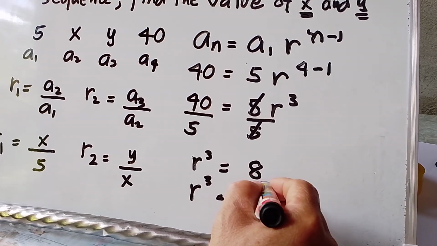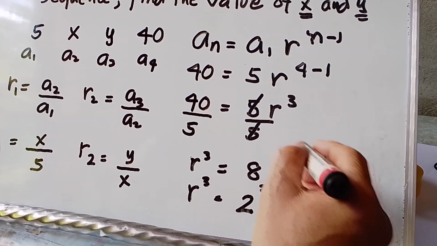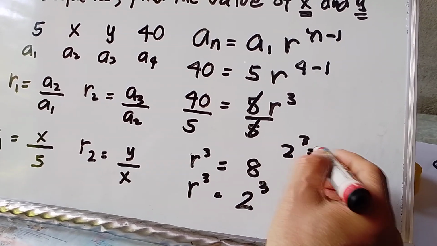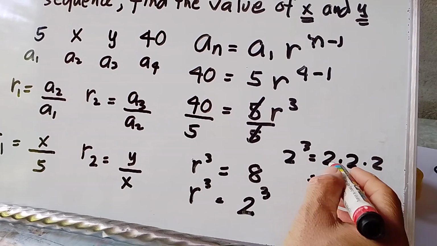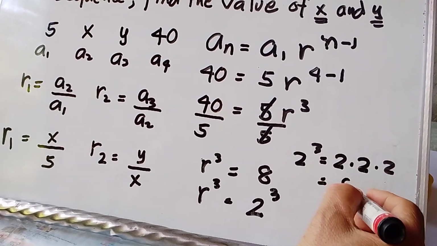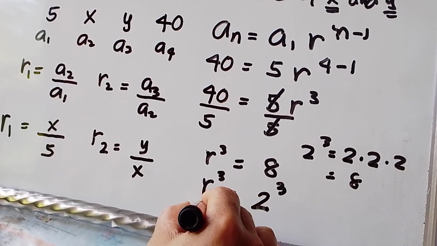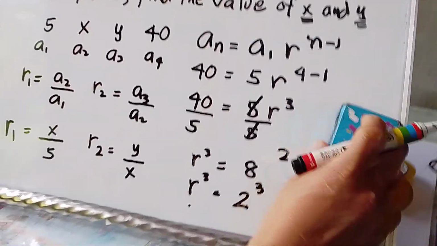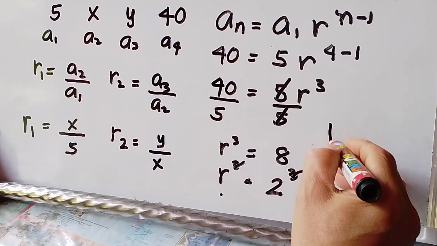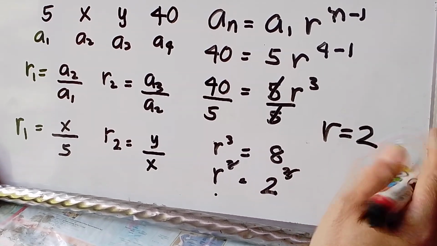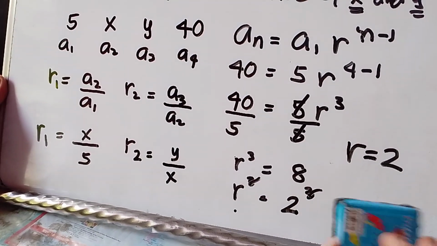So this will be 2 raised to the power of 3, because 2 times 2 times 2 is 4, times 2 is 8. So cross out 3, and I have r equals 2. So my ratio is equal to 2.